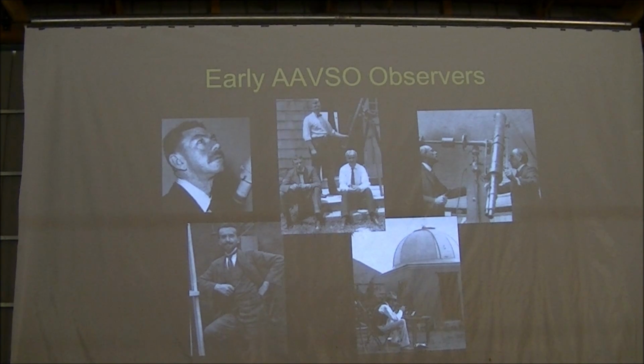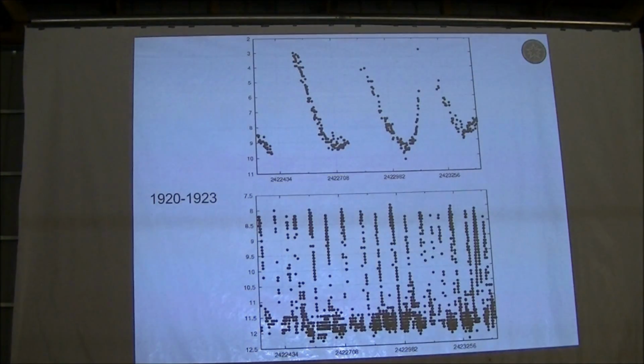This fellow here was actually an Italian who joined the organization very early on. And they were taking observations of various kinds of stars that the Harvard College Observatory professional astronomers had discovered. And here are some of the light curves that they came up with. You can see that this star sort of comes up and does this repetitive cycle.